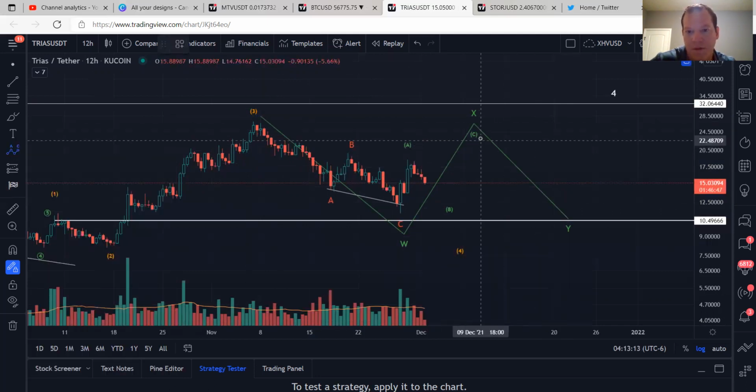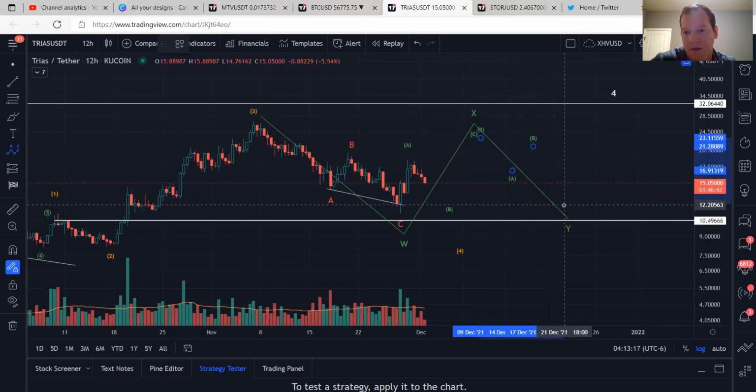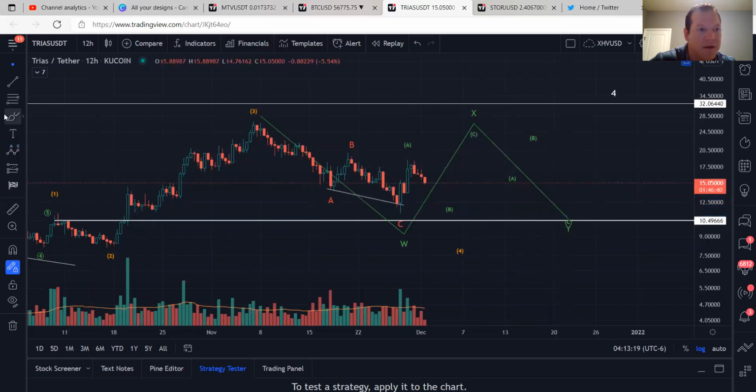And then what this would look like from here would be another ABC pattern. So price could look something like that, causing a complex corrective wave. So that could be a possibility.